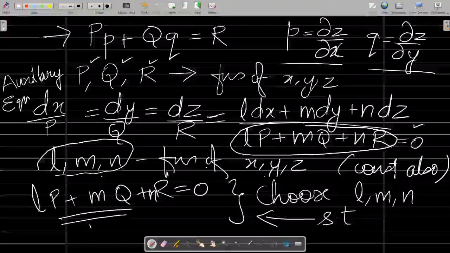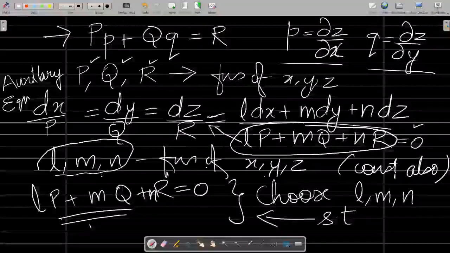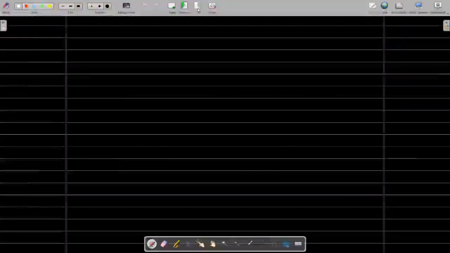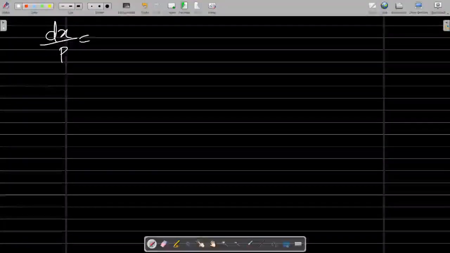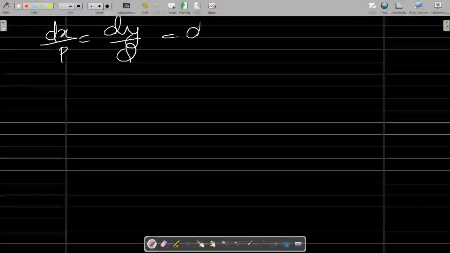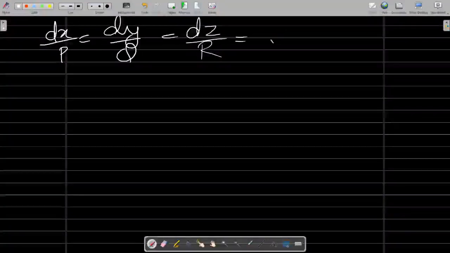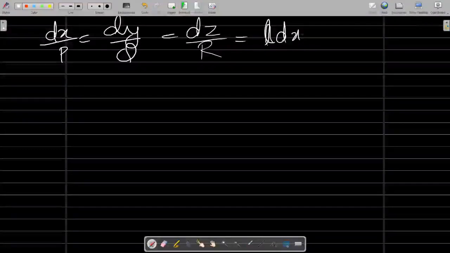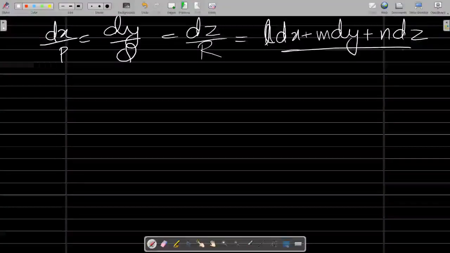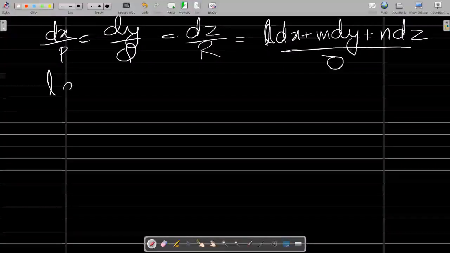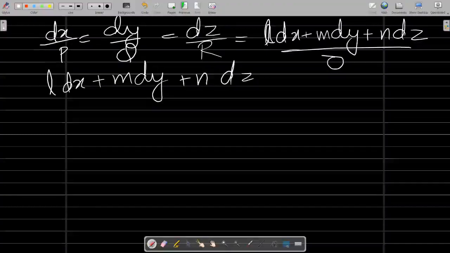Now, if that becomes 0, if you equate it with any other relation, you get dx/P equal to dy/Q equal to dz/R equal to (l dx plus m dy plus n dz)/0. If you cross multiply the last term with any of the first three terms, you will get l dx plus m dy plus n dz equal to 0.